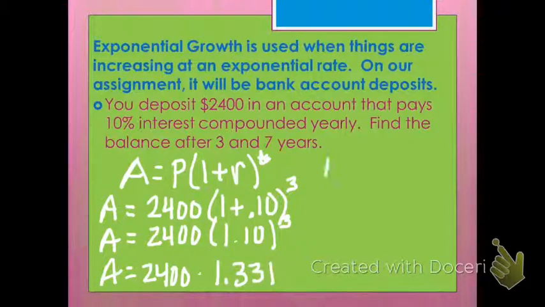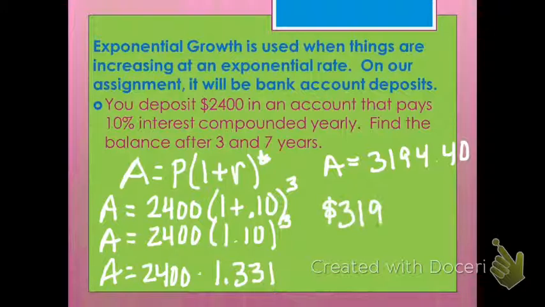Then when I multiply those two together, the 2,400 times the 1.331, I should get 3194.40. And that would mean, in money, $3,194.40 is my balance after 3 years.